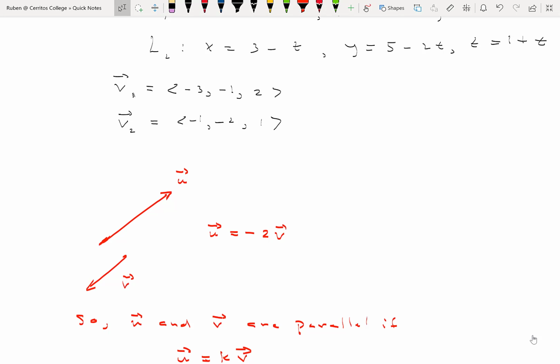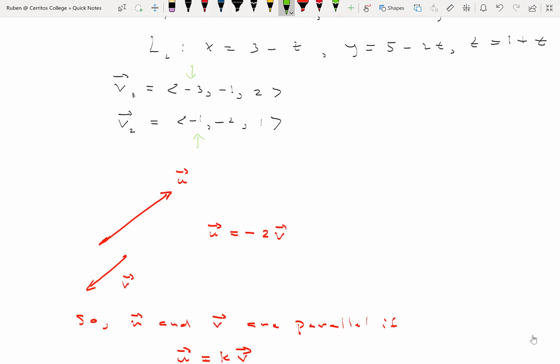These two vectors are not parallel. In order to be parallel, we would need to just look at the first components. Just isolate in your mind right now the first components. In order to get that -1 to equal -3, I'm going to have to multiply -1 by 3.